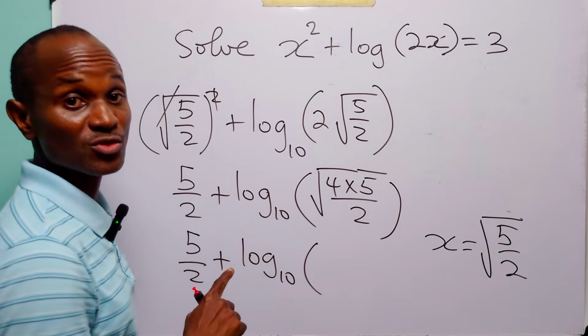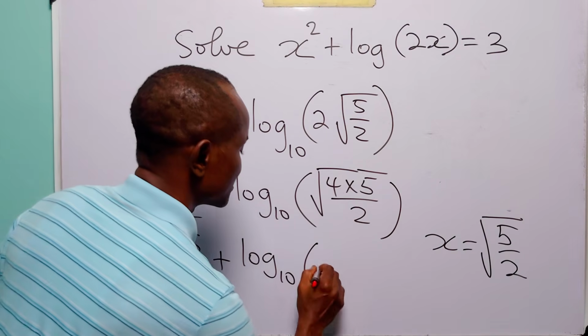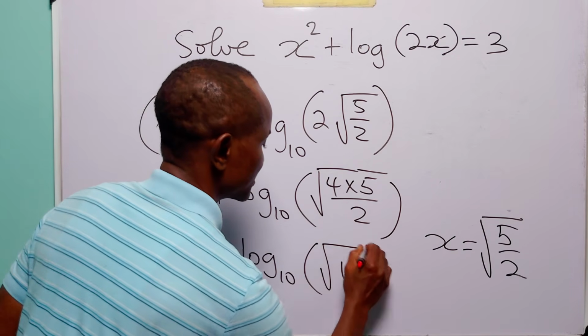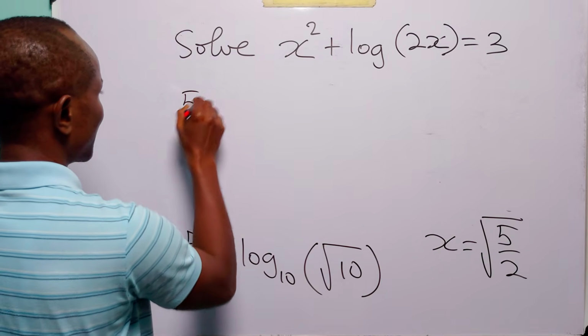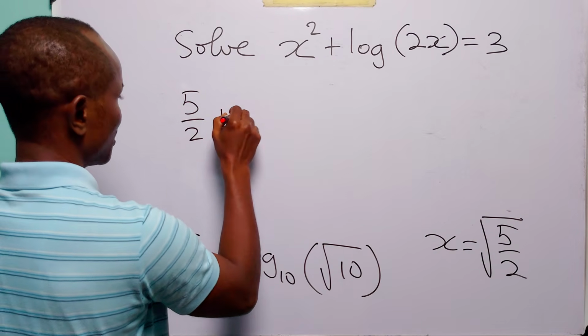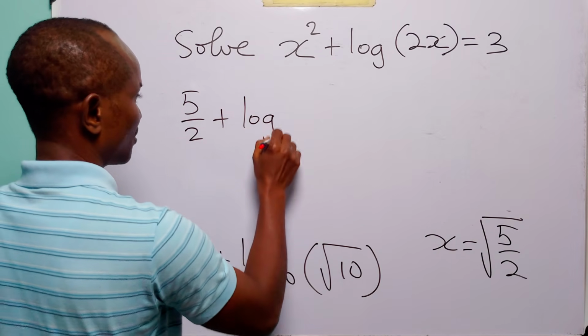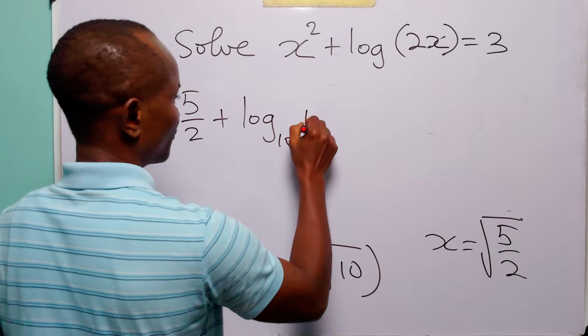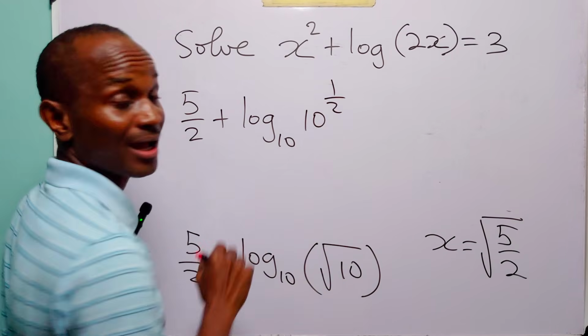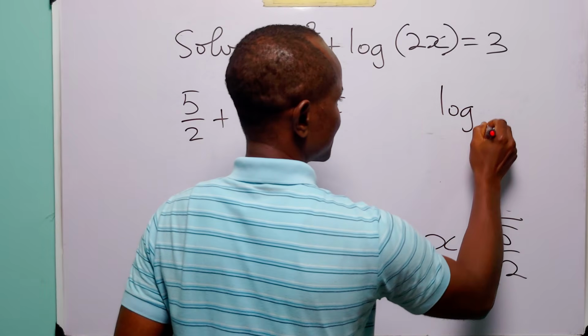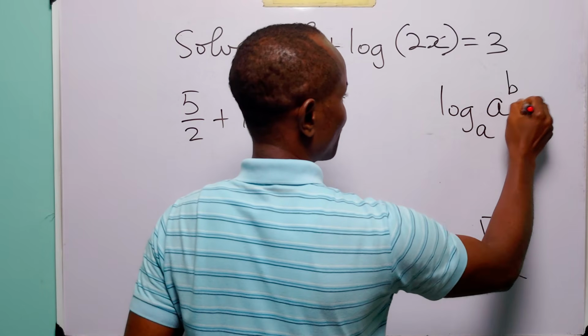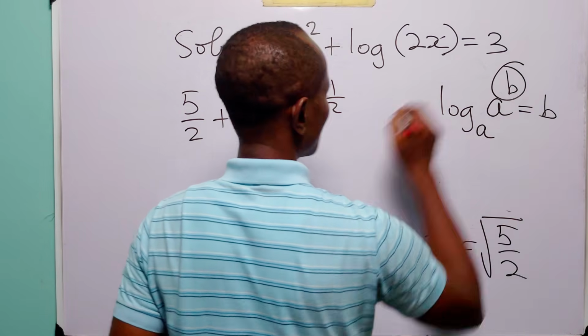20 divided by 2 is 10. So this is root 10. And of course, from here we have 5 over 2 plus log to base 10 of 10 to the power half. Now let us remember that log to base a of a to the power b is equal to b.